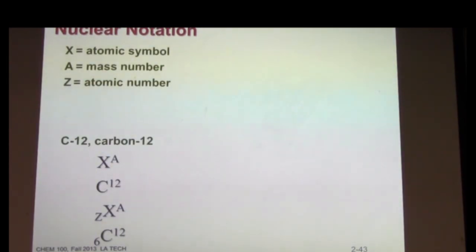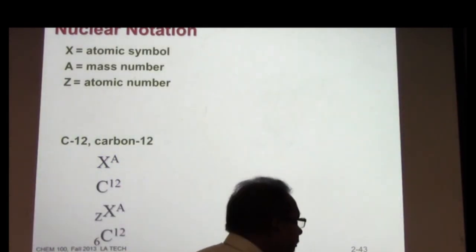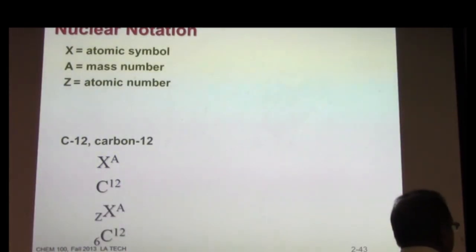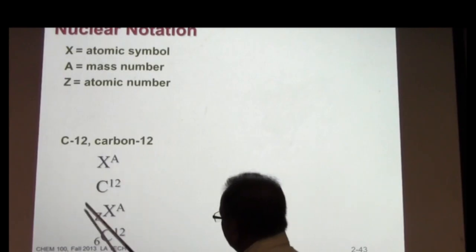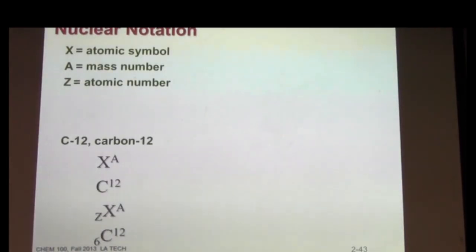When you have a symbol, this is called the mass number. Mass number is the sum of the number of neutrons plus protons. This is the mass number, and Z is the atomic number. If you have an element, A is here, Z is here, and the charge could be positive or negative.